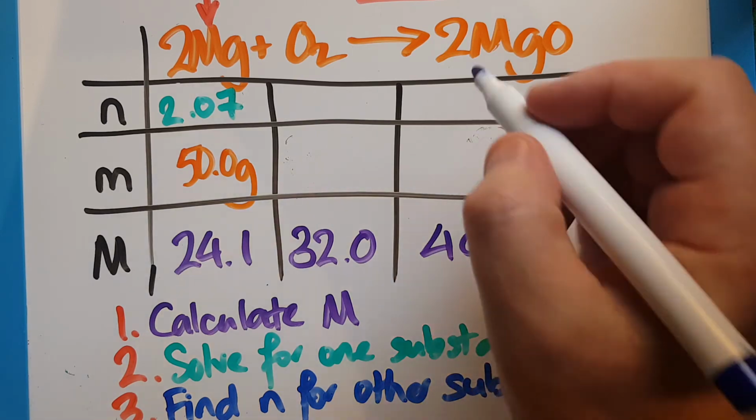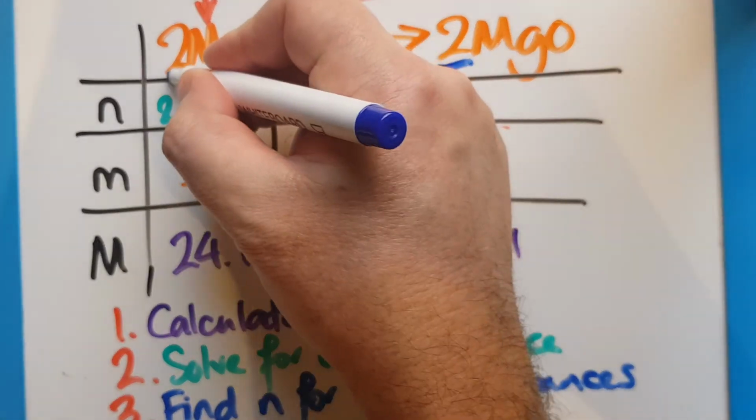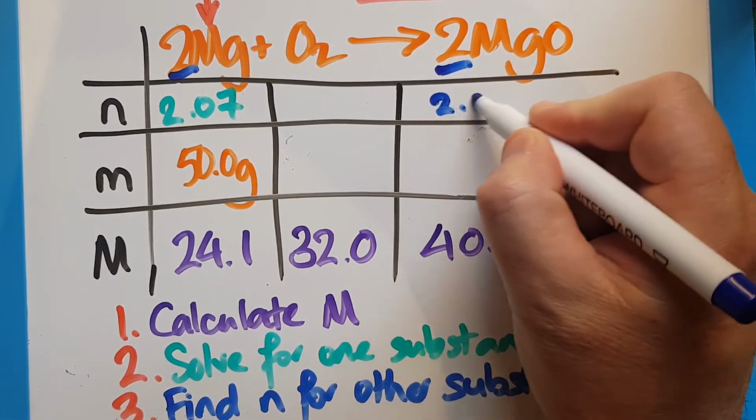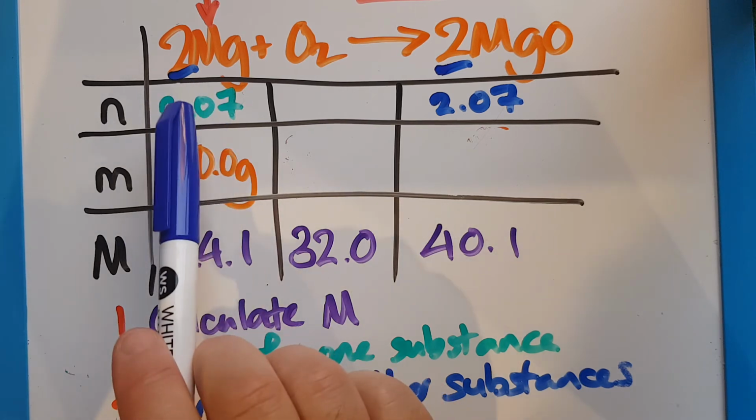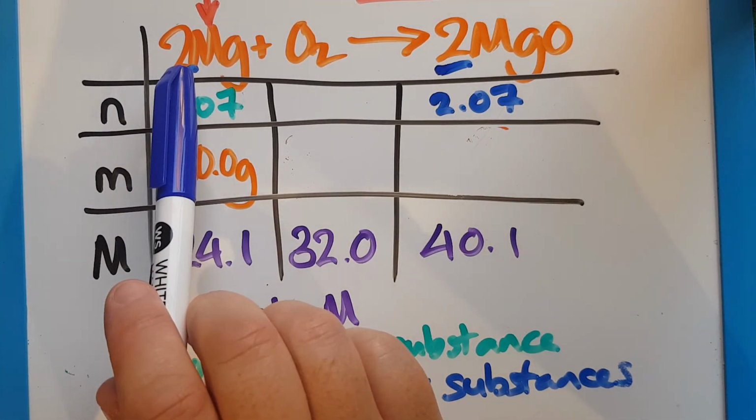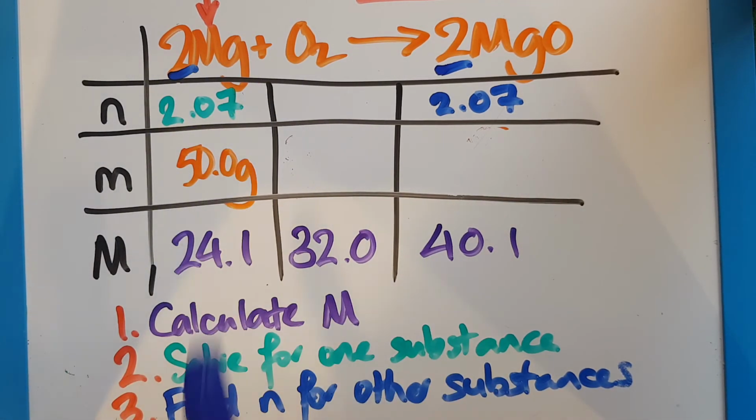So what I can do is I can copy, because they have the same number in front of them, I can copy that 2.07 in front of it. But oxygen's a problem. There's only 1 mole of that in the equation. Now that's half as much. So what I do is I divide this number by 2 because that's the number in front of it, and I multiply it by 1 because that's the number in front of that. So in other words, I'm halving it.